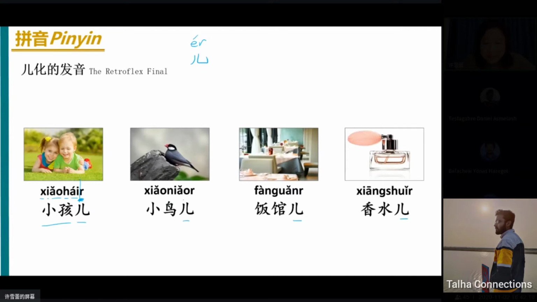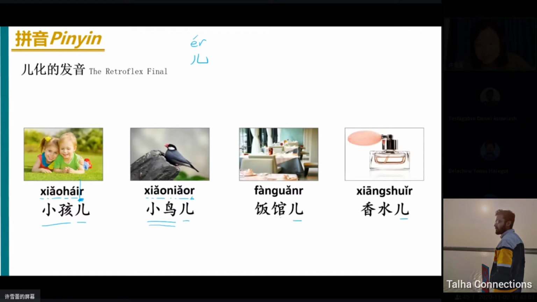Now another example, the word xiǎo niǎo, and with the retroflex final that will become 小鸟儿, the original one 小鸟, and the sound 小鸟儿, maybe a little bit difficult for you to pronounce, but just keep practicing.